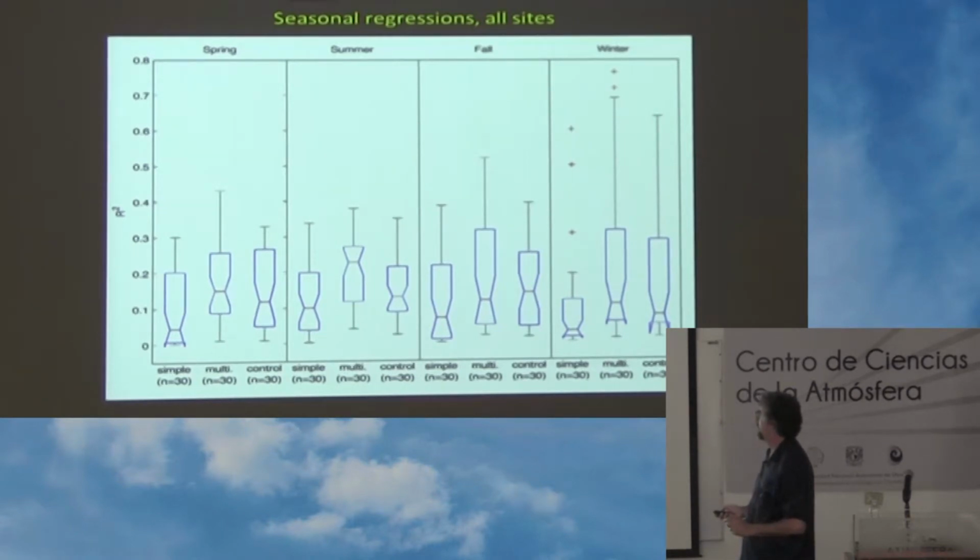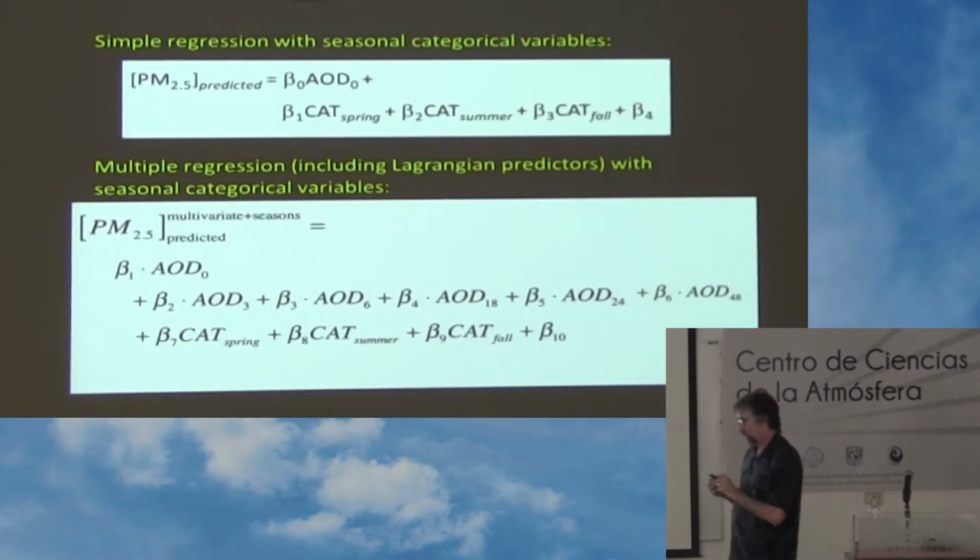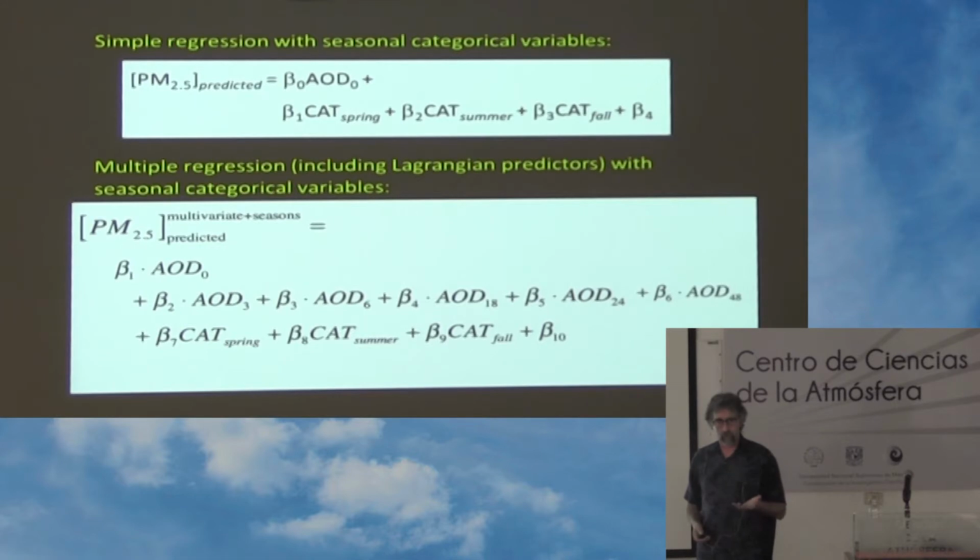So we did that in two ways. We included the seasonal predictors in the simple model with only one AOD value, and we also included them in the multiple model with many AOD values. These are the new variables, cat. They are seasonal categorical variables, with a value of 1 or 0 depending on the season.